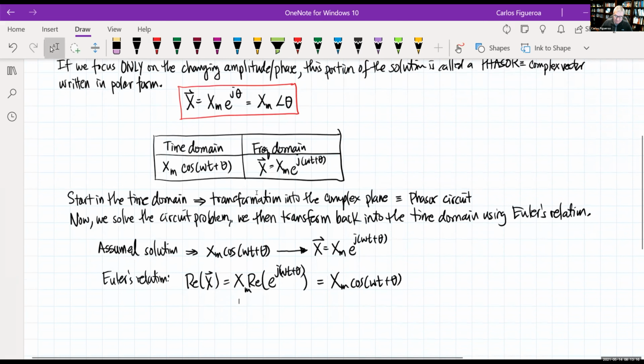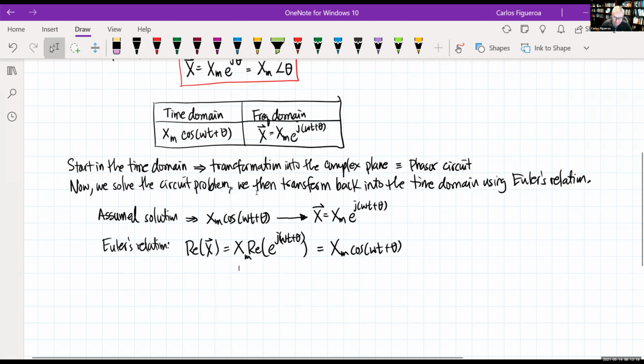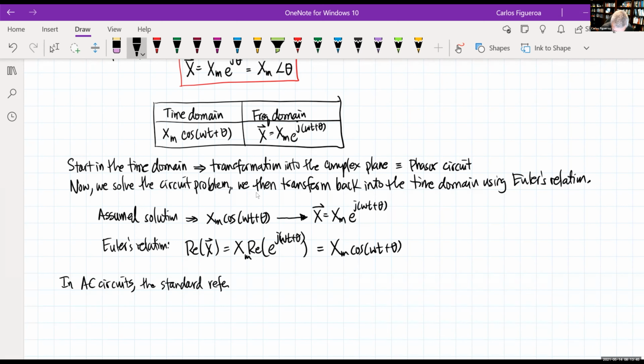The thing about this is that we've got to be really careful. We have to make a choice about what we mean by the standard AC function. In AC circuits, the standard reference can be either cosine or sine functions.